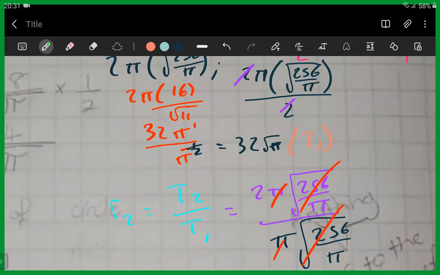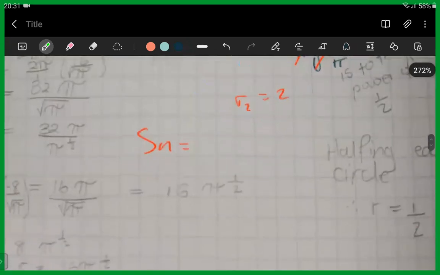See, so here, let's see what we need. We need to see what information we have, right? So R we have, and this is for 6 terms.